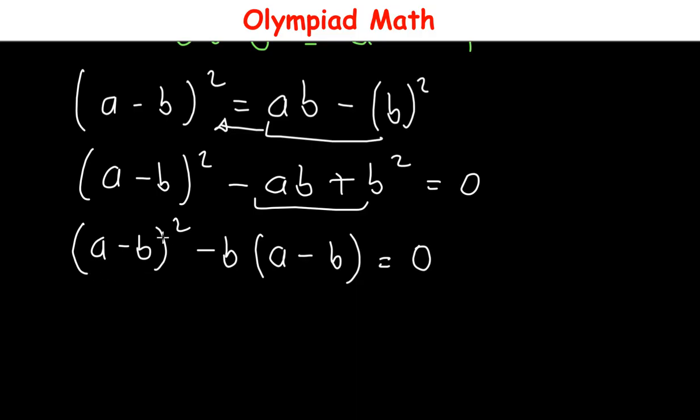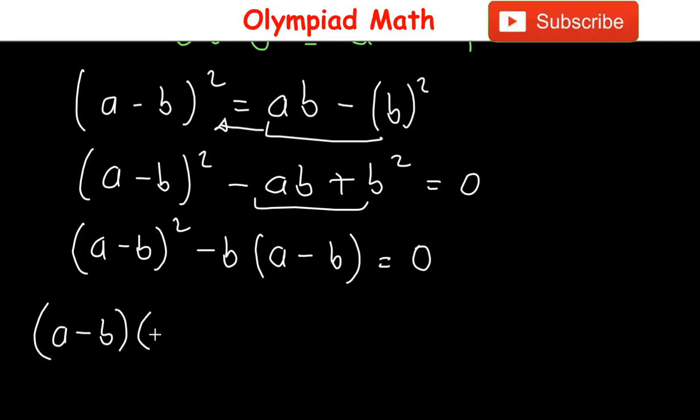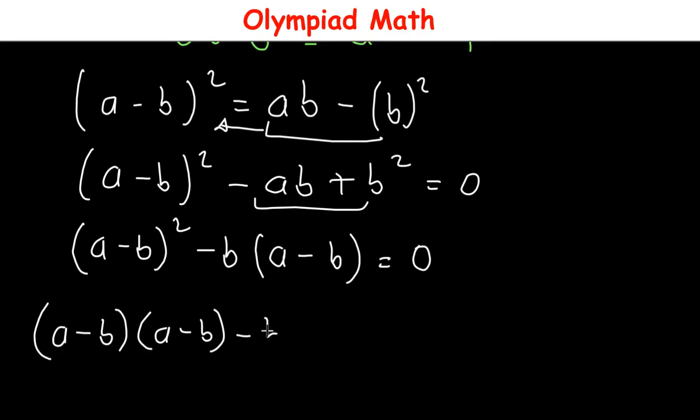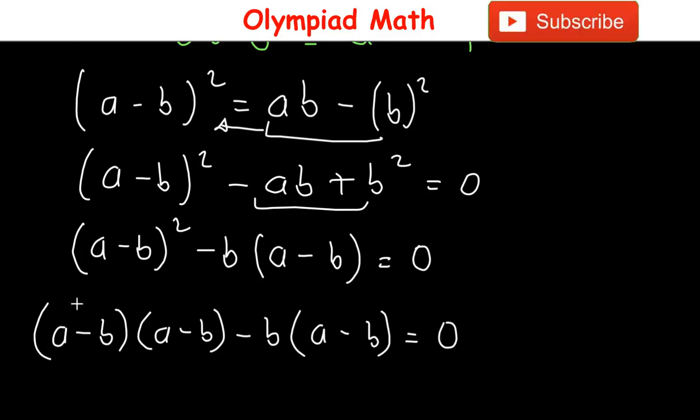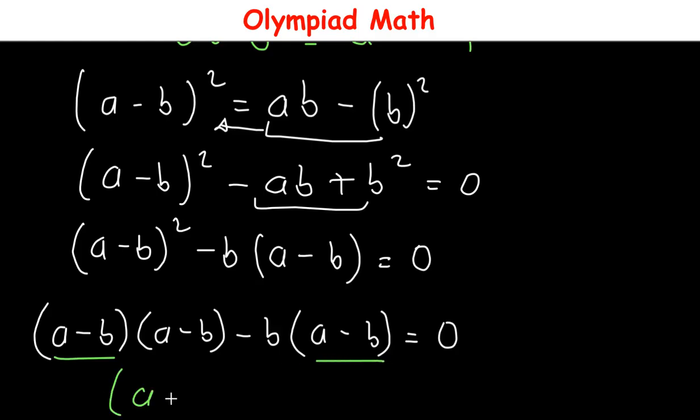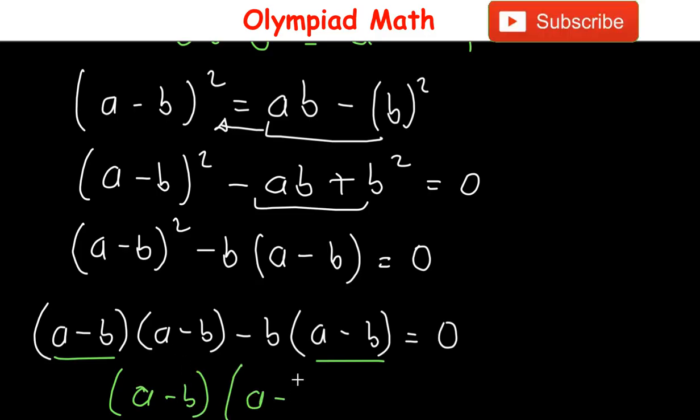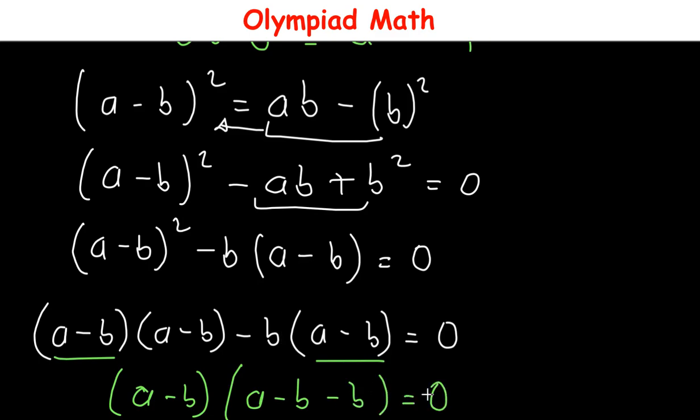A minus b all squared can be written as in brackets a minus b multiplied by a minus b, then we have minus b into brackets a minus b, and this equals 0. Here we have a common factor a minus b. Factorize out a minus b, we are left with a minus b, then minus b, and this equals 0.